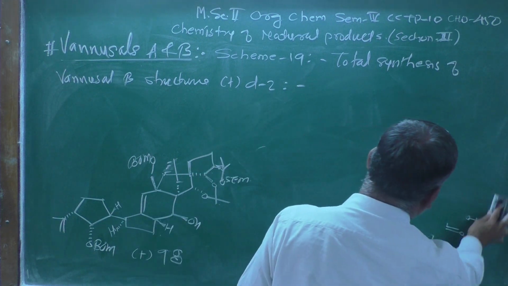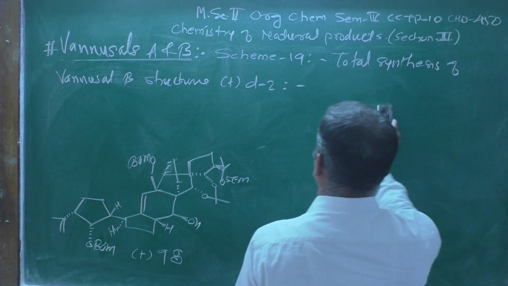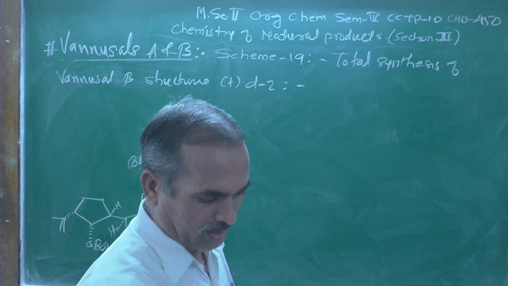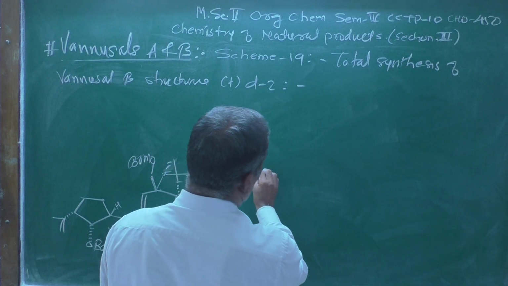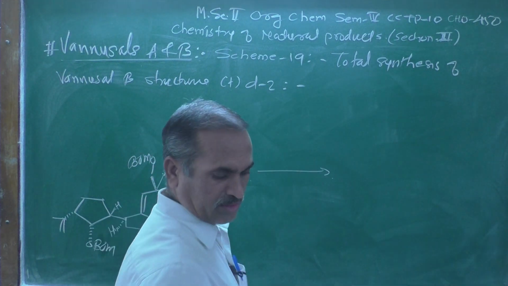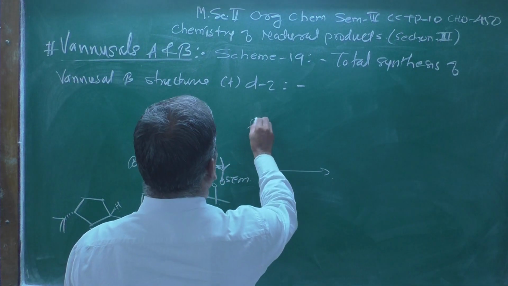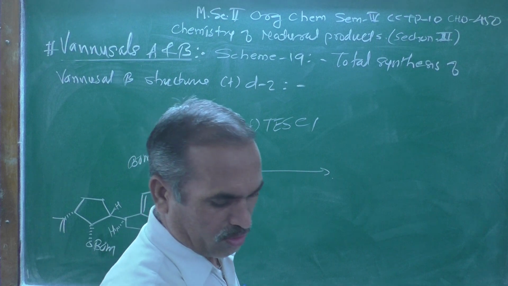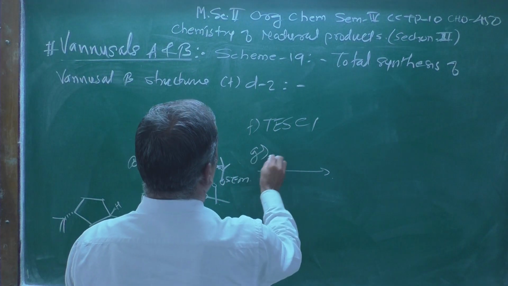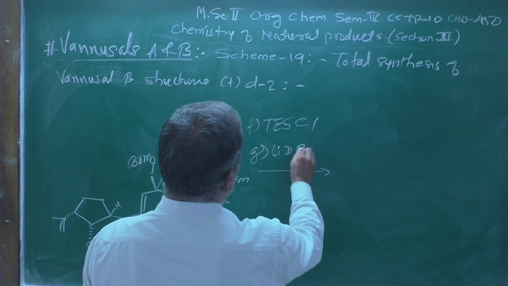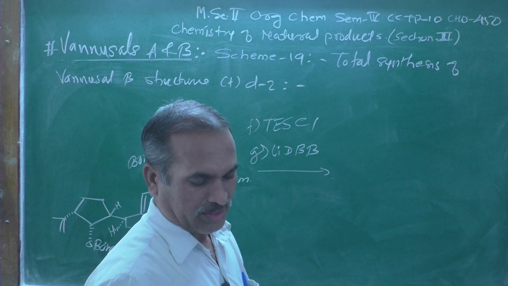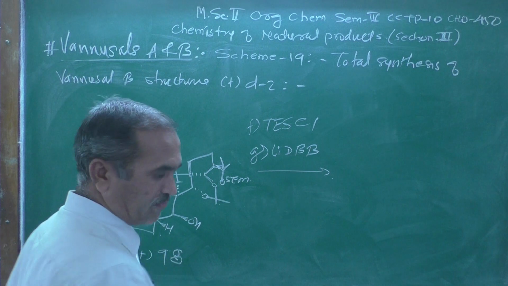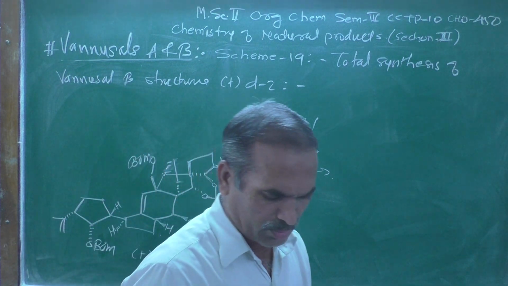Now you can remember your sequence by observing properly. And now I am adding here the reagent. The reagent is F. F is TESCl, followed by G reagent. G is LiDBB, and after the addition of these reagents F and G, what do you get?